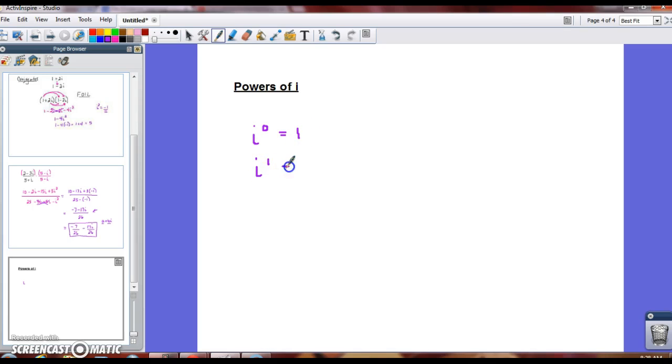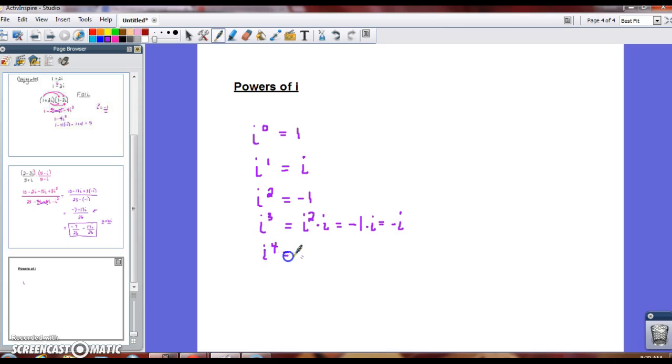Anything to the first power is just that thing. We already know that i squared is -1. I to the third would be -i because it's the same as i squared times i. It would be -1 times i, which is -i.